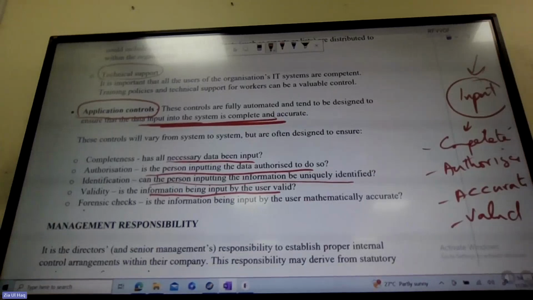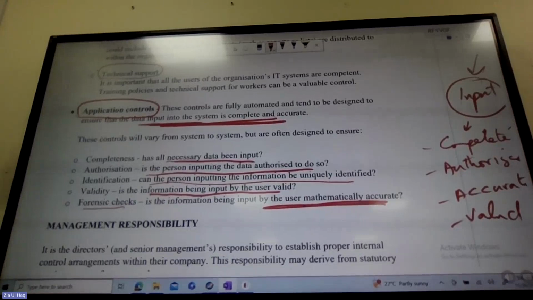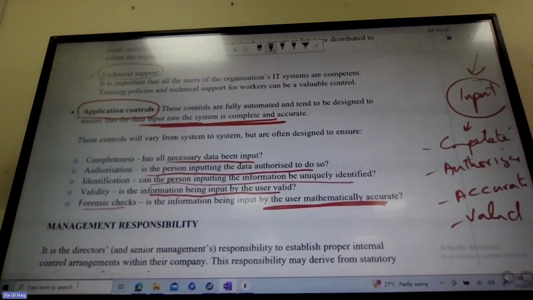And there should be some forensic check. Forensic check means there should be some mathematical accuracy check on the data, meaning the system should perform some mathematical check to verify whether the data is arithmetically accurate. Checking arithmetic accuracy by applying different formulas of maths is called a forensic check.